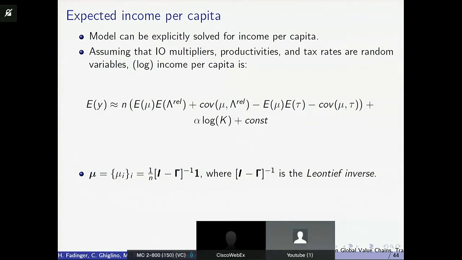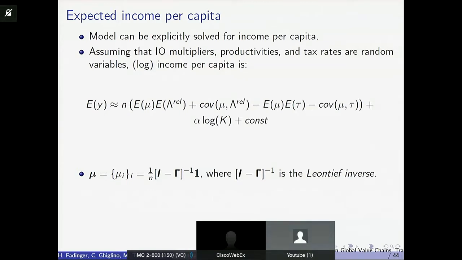And the first term here is basically summarizing how aggregate income depends on the distribution of multipliers, the distribution of productivity lambda, and the distribution of tax rates. So first of all, you see that income is increasing in the average multiplier, and that multiplies the average productivity.